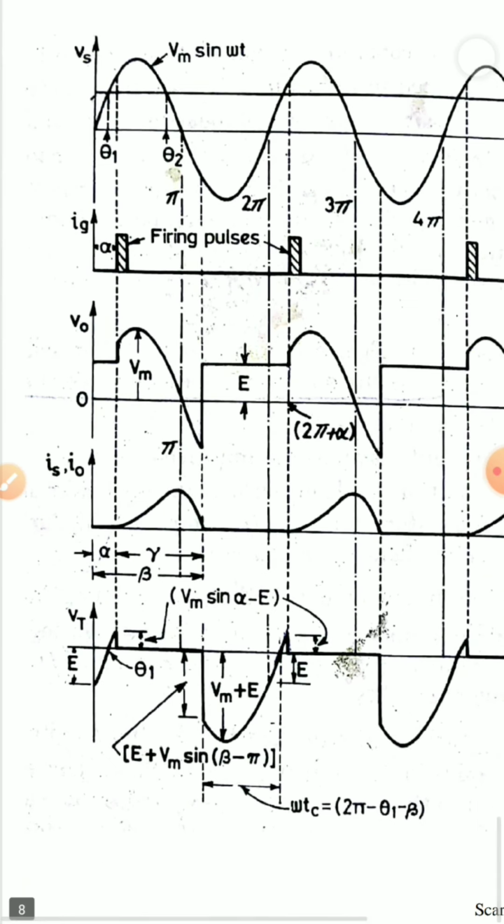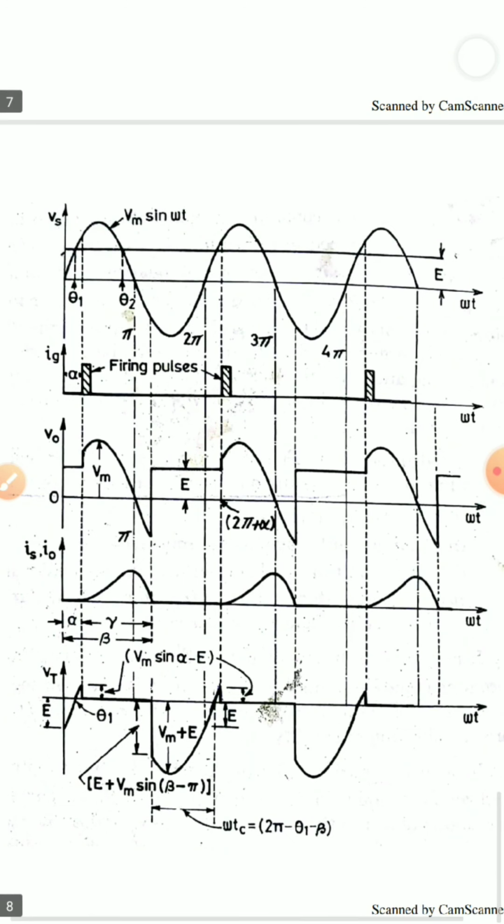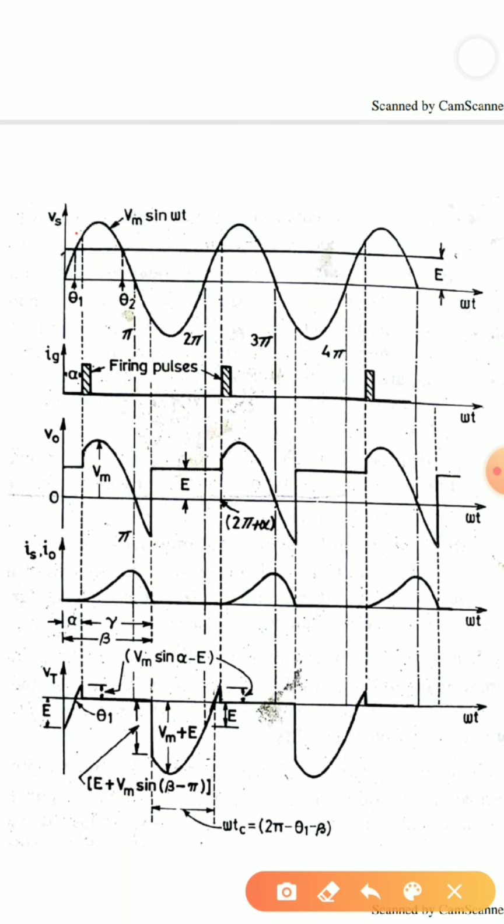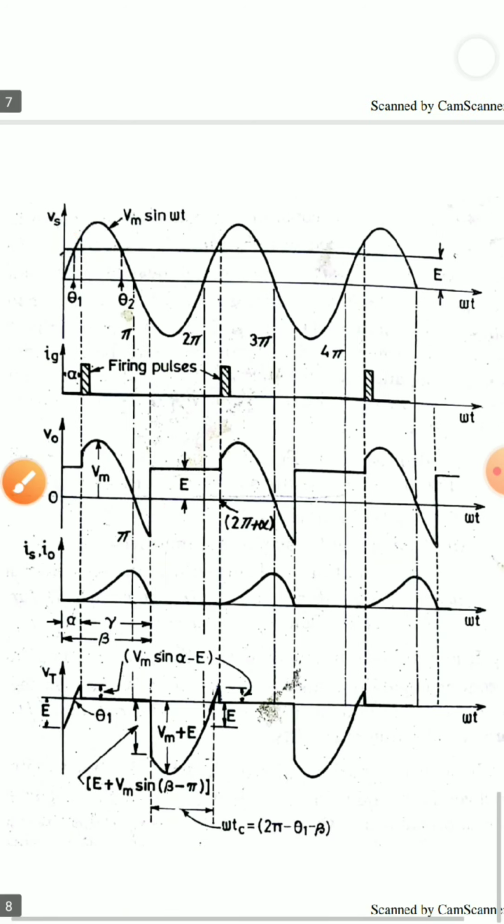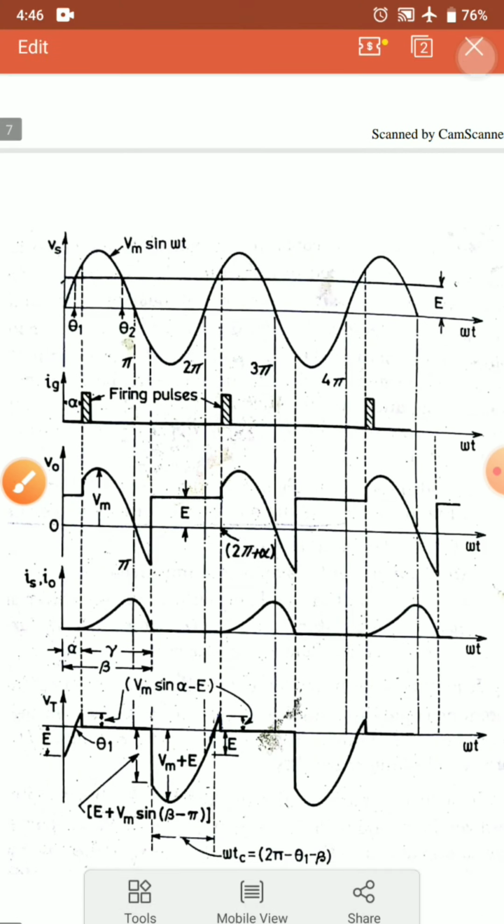Now we can clearly see that after theta1, the alpha firing pulse is given. From alpha, my thyristor starts to conduct. At pi it is reverse biased, but because of the inductor I get a small portion in the negative half.